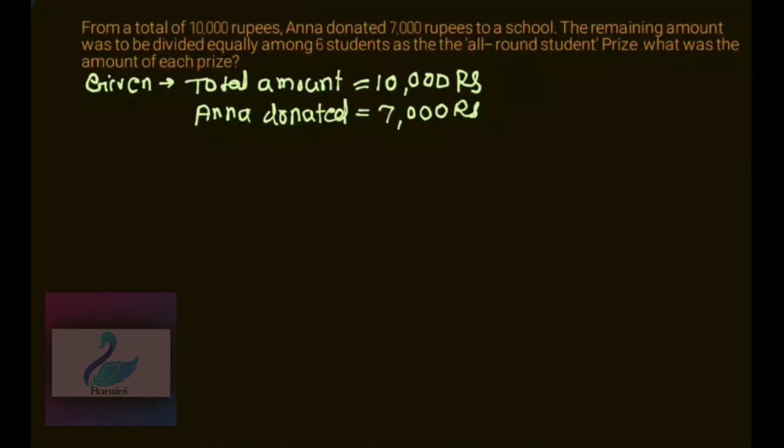The given is total amount is equal to 10,000 rupees, and from the total amount Anna donated 7,000 rupees. Now we will write to find what was the amount of each prize.